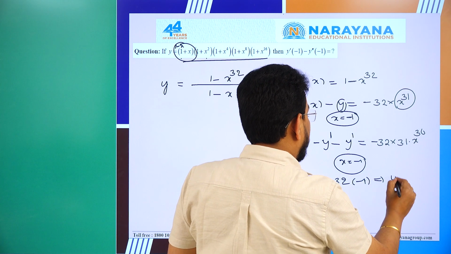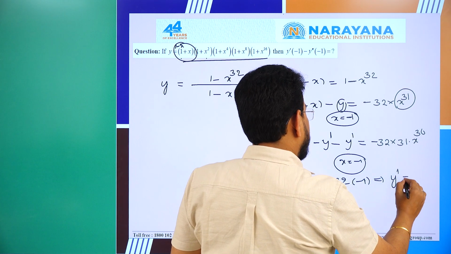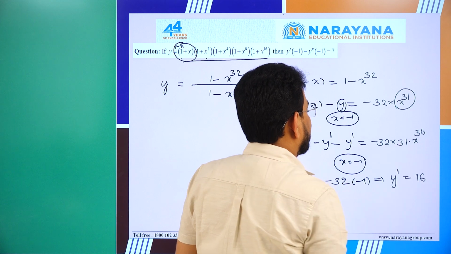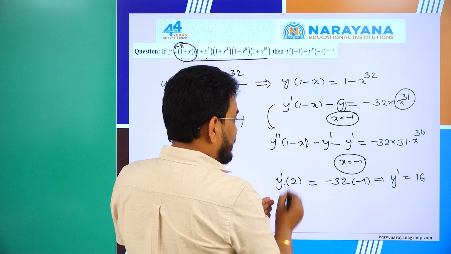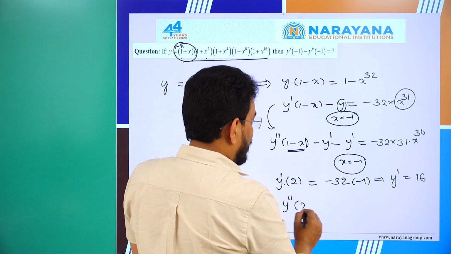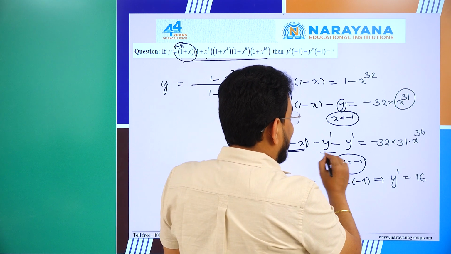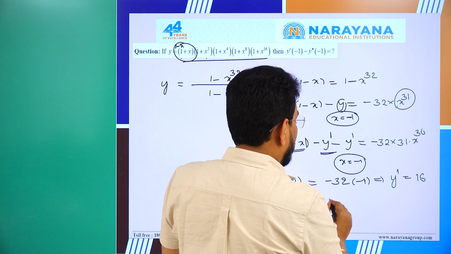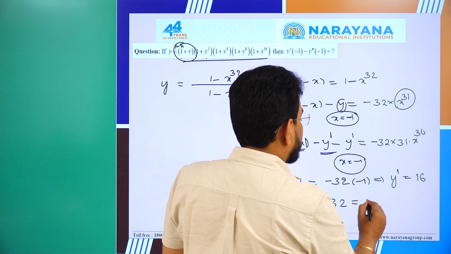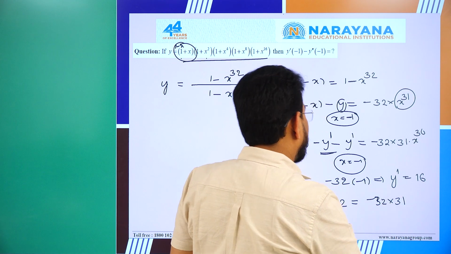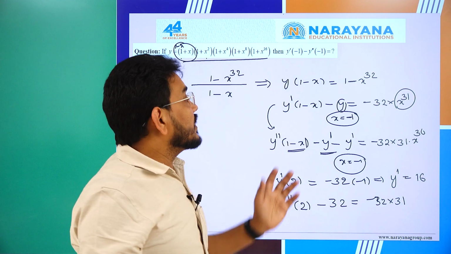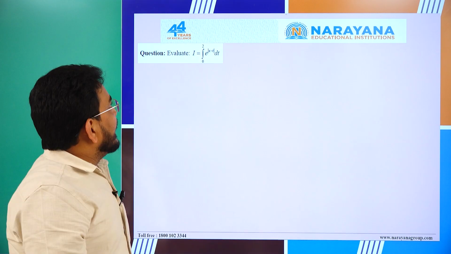So you will be getting y dash is equal to 16. Now y double dash into 2 minus 16 is equal to minus 32 into 31. So just simplify for the final answer.